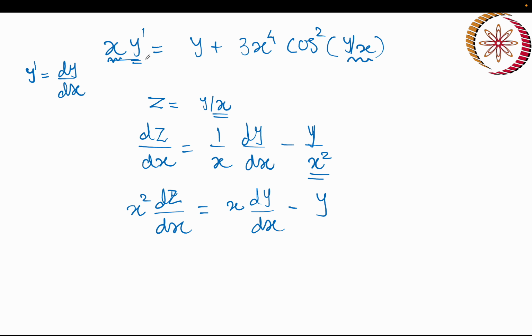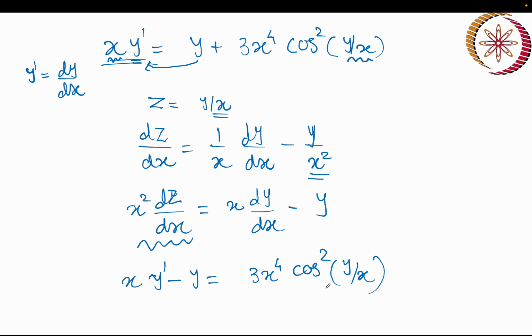So we can take this y on this side, and x y prime minus y is equal to 3x raised to 4 cos square y by x, and this whole term is nothing but x square dz by dx.